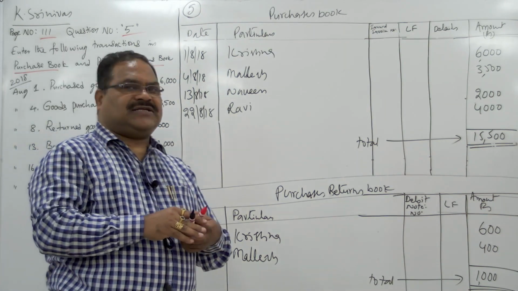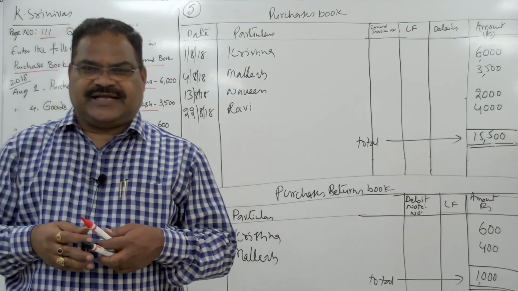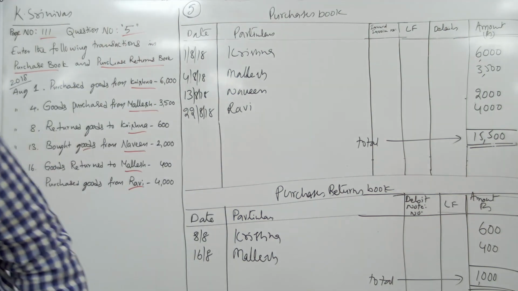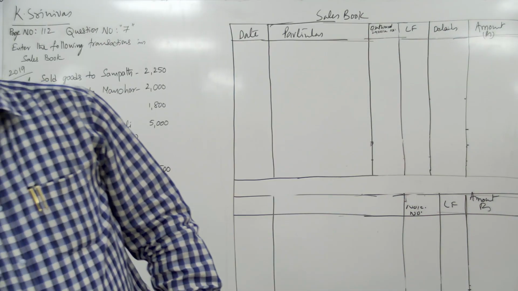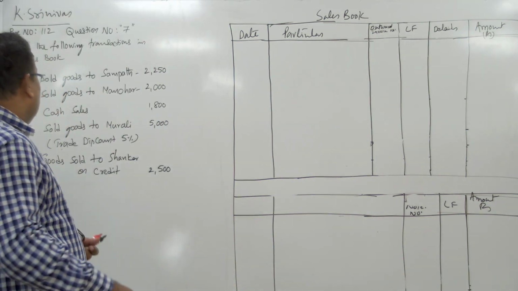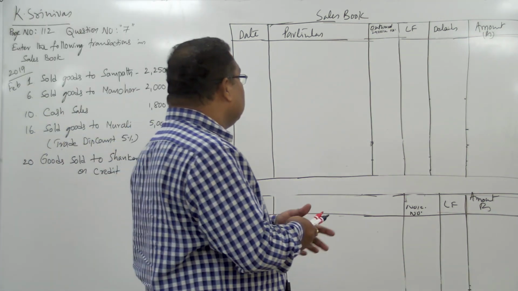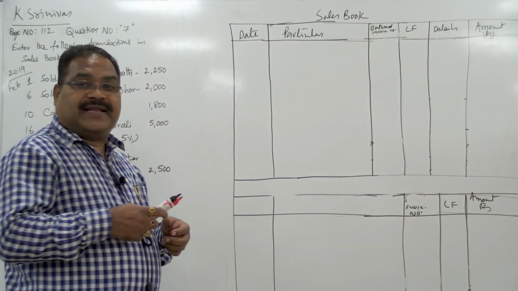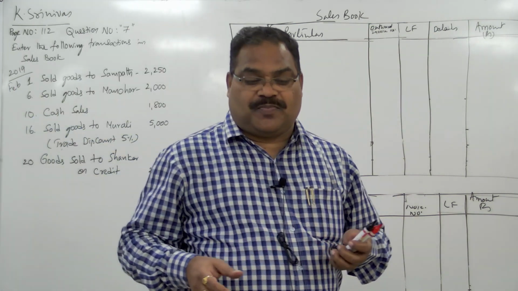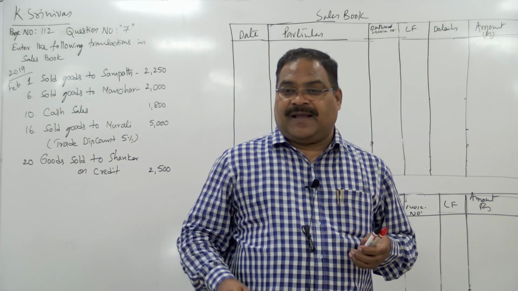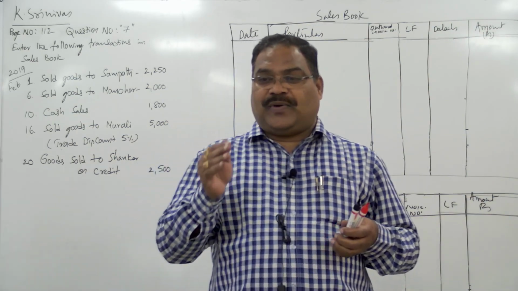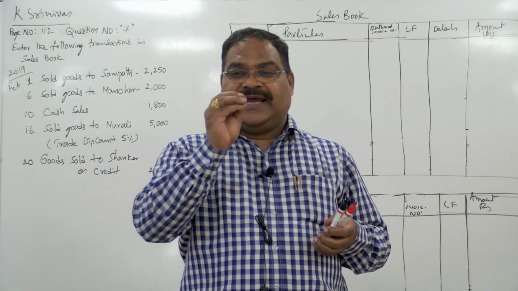Okay. Next, I will go for the sales book. Yes, now I am going to explain to you about the sales book. In the next problem, I will explain the sales book and the sales returns book, because I wanted to explain them separately.